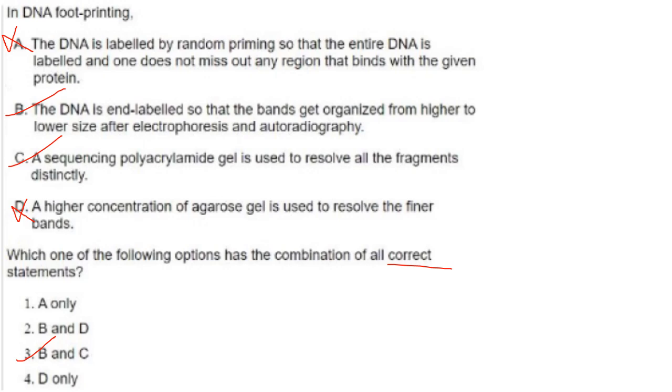That is correct. A sequencing polyacrylamide gel is used to resolve all fragments distinctly. That is also correct. Fragments are smaller in size, so polyacrylamide gel is used, agarose is not used. A high concentration of agarose gel is used to resolve the finer bands. That is not correct. Which of the following options has the combination of all correct statements? B and C. Answer is option 3.